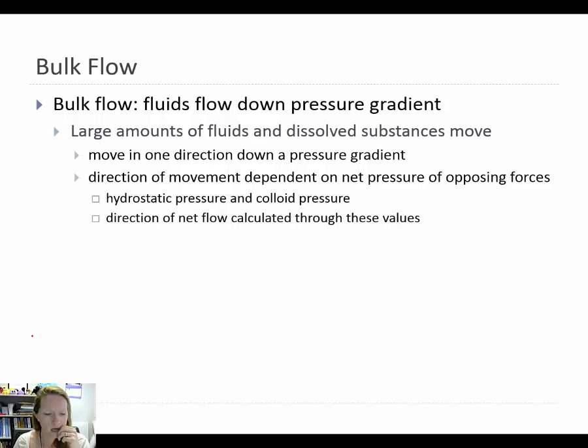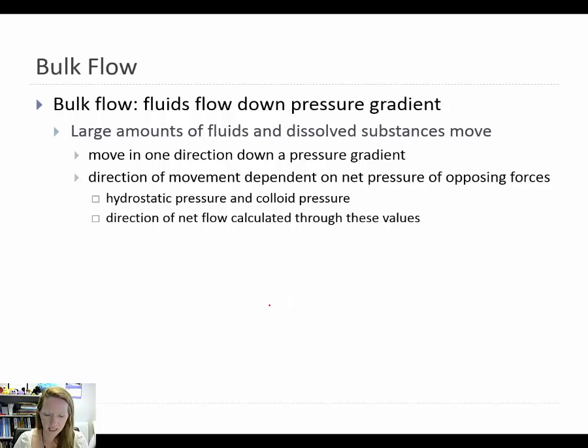Diffusion is great whenever we look at it in the respiratory system, when we look at it in the digestive system and things like that, but bulk flow is going to be the most efficient mechanism here in the capillaries for this whole process to occur. So the direction that these substances are going to move, and usually when I talk about it, I'm going to talk about fluid movement.